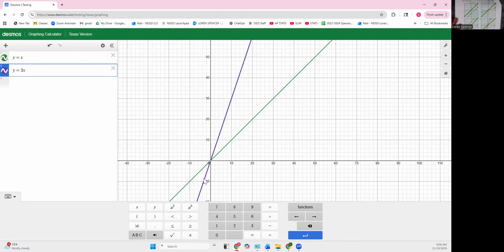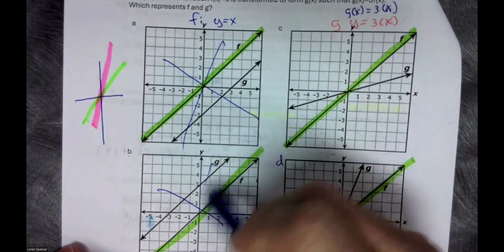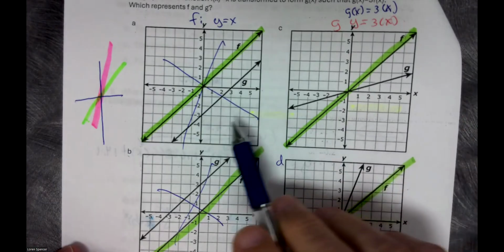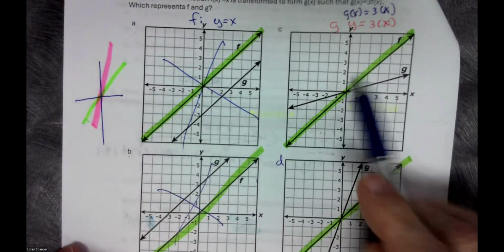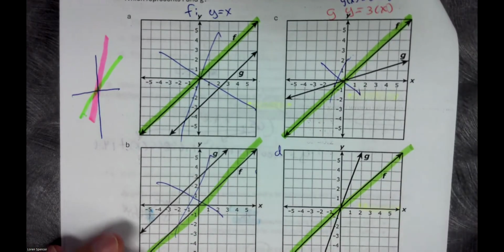So our original line looks something like this, and our new line, and I'm just drawing this on my paper, is going to be steeper than that. So I need to find the one that looks like that. So I'm going to stop my share and go, okay. Oh, they cross. They're not parallel. All right. Well, I need my g to be steeper. Well, this one's not steeper. This one is. Answer choice for number 15 is D.